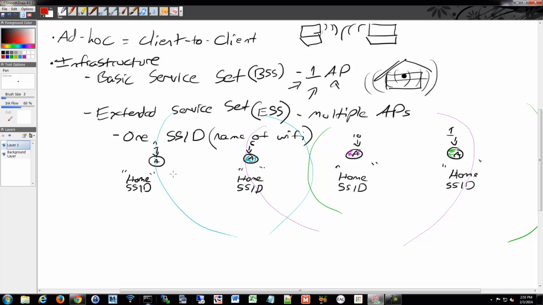And then our last one, the red one, is again using channel 1, and his maximum range is something like that, but it does not touch the range of the other access point that's on channel 1. That way the communications on this device do not overlap and cause collisions on this device. We'll talk about the different channel options in a minute. But that's the idea with extended service set: you have one SSID but different channels.